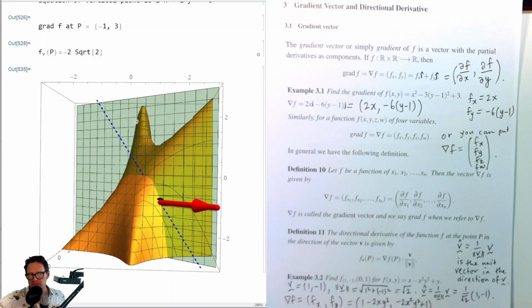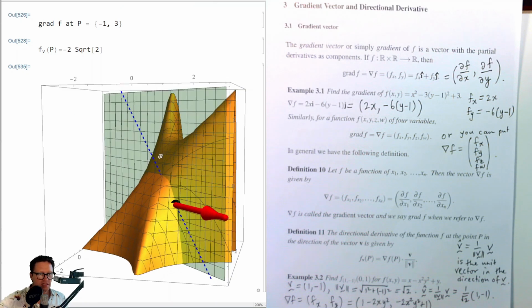So I hope it is a bit more clear to you what this directional derivative is. It's a scalar, or a number, and it represents the slope of the function or the surface in the direction of the vector v. Right, but to properly visualize that, that is a tangent line on a vertical slice that contains that vector v, or is parallel to the vector v.